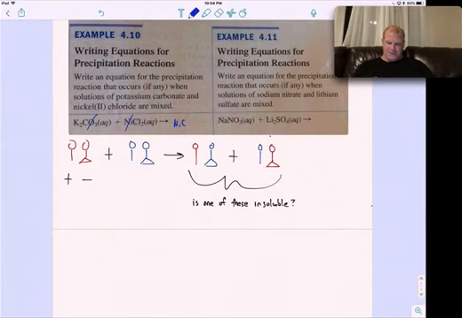nickel 2+ carbonate. So by equation precipitation, okay, it's nickel carbonate and then plus 2 potassium chloride. Let me write this bigger for you.